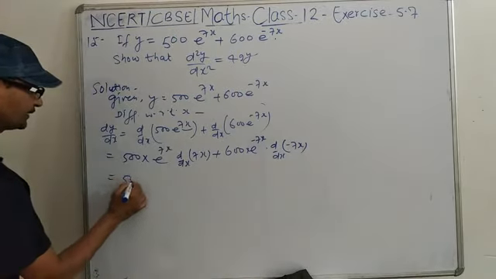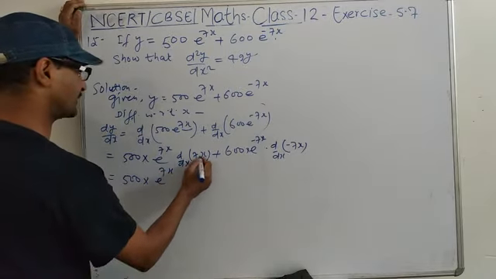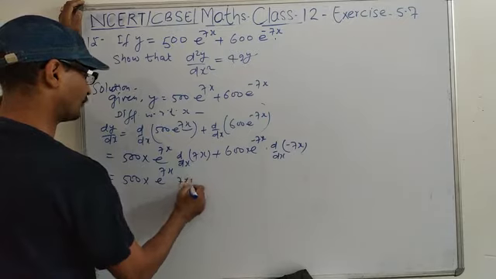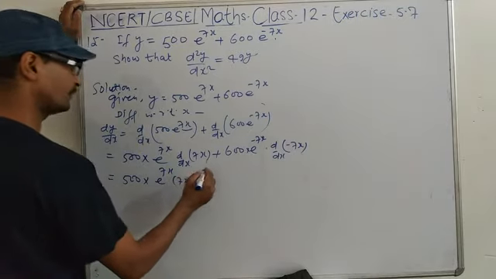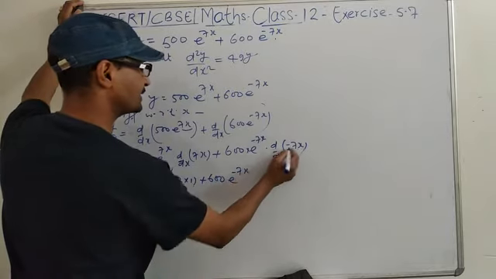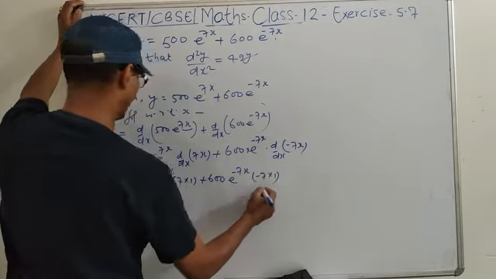So it is 500 into e to the power 7x, d/dx of 7x. 7 is constant और ये हो जाएगा x का डेरिवेटिव क्या हो जाएगा 1, plus 600 e to the power minus 7x, and this minus 7x, 7 is constant, x derivative 1.